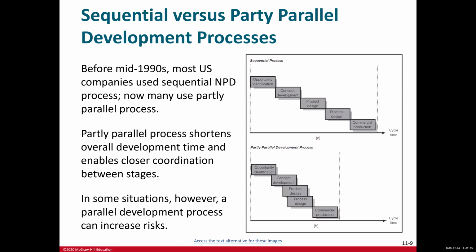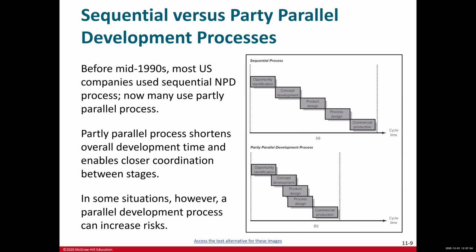In some situations, we go through the sequential process, when the situation is well known, when it is kind of certain, and we understand the market. Maybe the product is new, but we used to do it a lot.